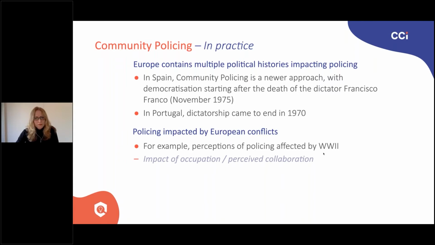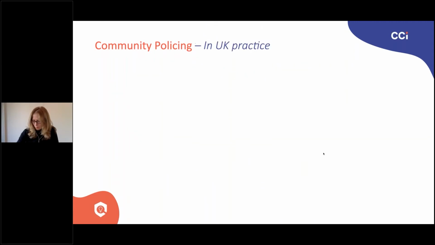In some areas of Eastern Europe, of course, the relationship with policing was very strained. And policing has been impacted by European conflicts, for example, the impact of World War II on perceptions of police activity. And all of these have affected the emergence of this community approach to policing.